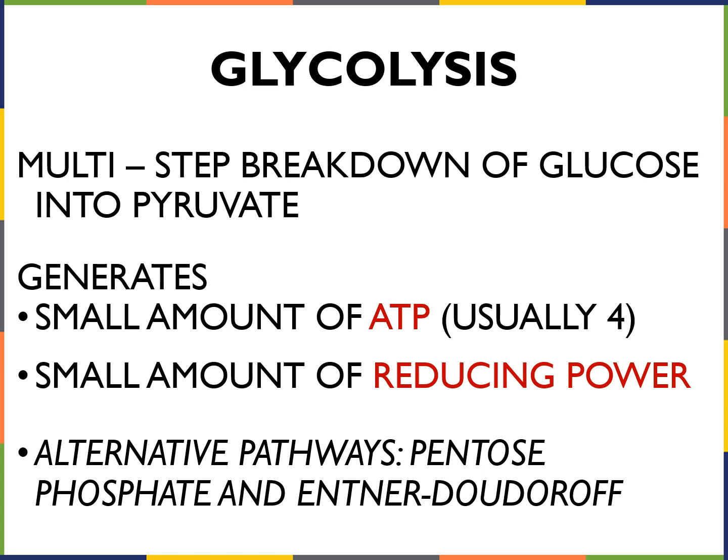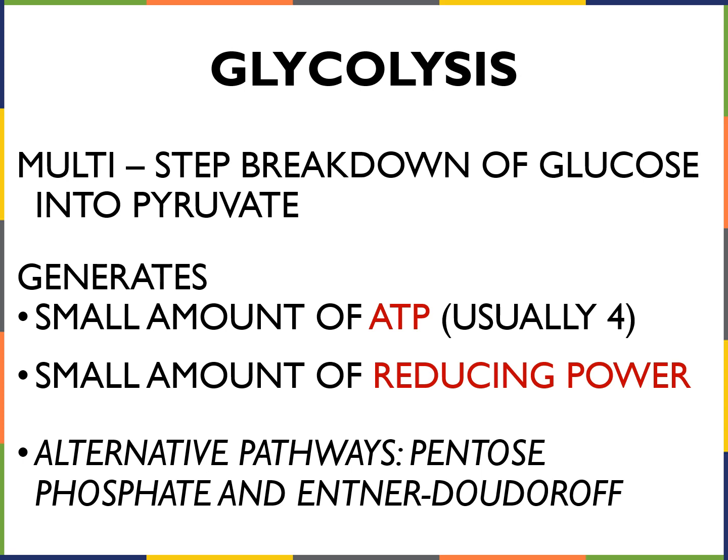Now, alternate pathways to glycolysis. Well, one alternate pathway to glycolysis is known as the pentose phosphate pathway. And this pathway is very useful because, like I said, only glucose can enter into glycolysis. A lot of sugars are transformed into glucose so that they can enter into glycolysis.